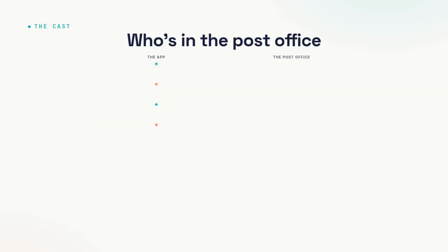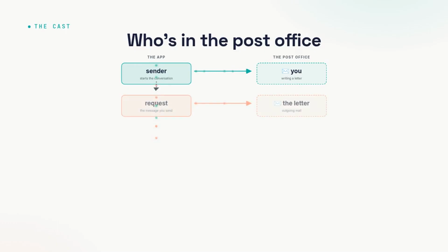Think of it like a post office. Every exchange has just 3 players, and each one maps to something you already know. You are the sender. You write a letter and drop it in the mailbox. In the protocol world, that's the client. That letter travels outward, down the line. The letter itself is the request, the outgoing message headed to the facility.